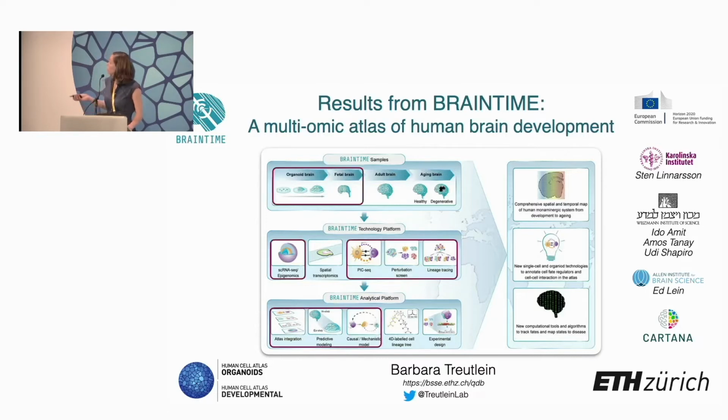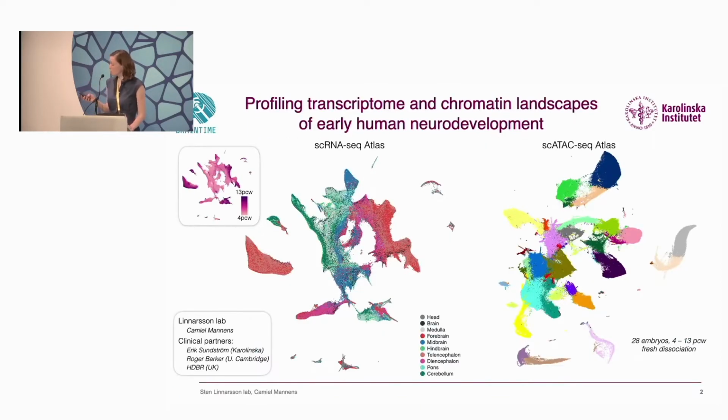I want to highlight today the work that we have been doing in my lab and in Sten Linnarsson's lab that focuses on development. I want to start by showing a few slides from Sten's lab. He has been pushing the generation of atlases of primary human brain development, both in the transcriptome, but also in the accessible chromatin modality.